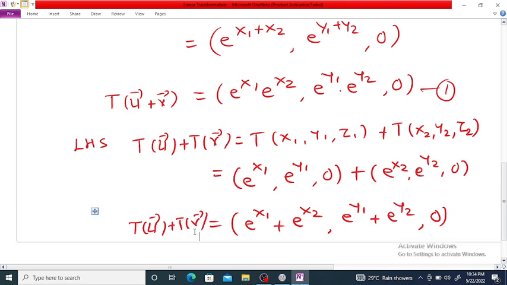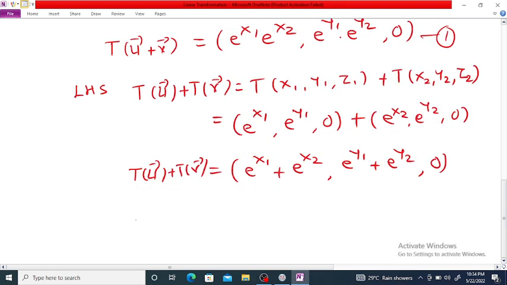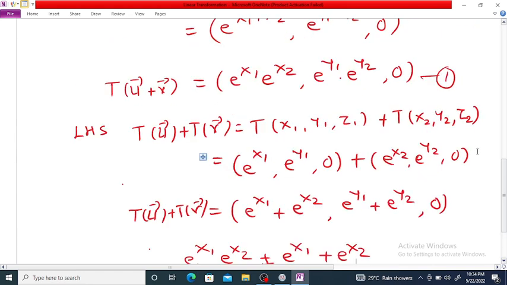Now from equation number 1 and 2, since e raised to x1 into e raised to x2 is not equal to e raised to x1 plus e raised to x2, this is equation number 2.